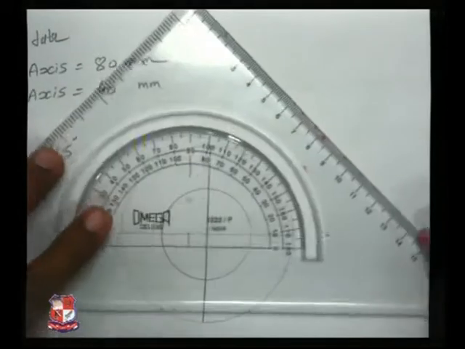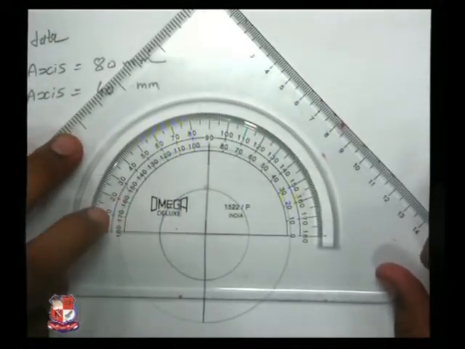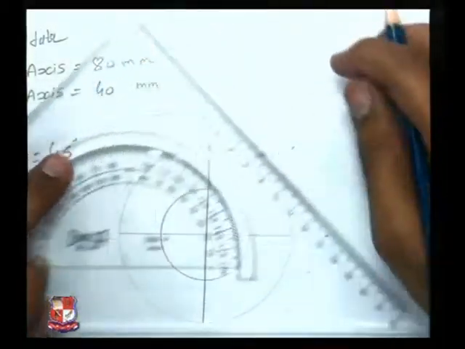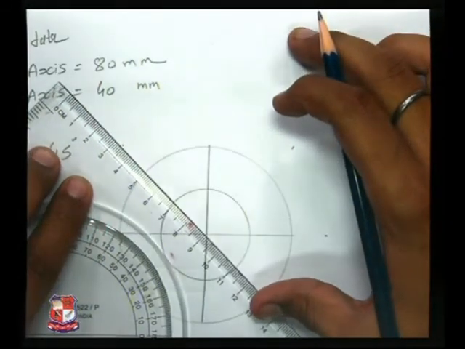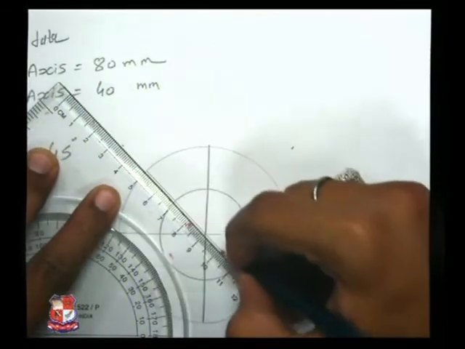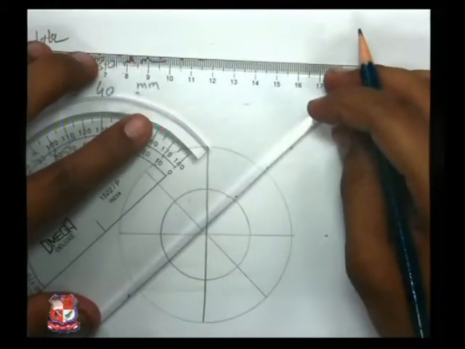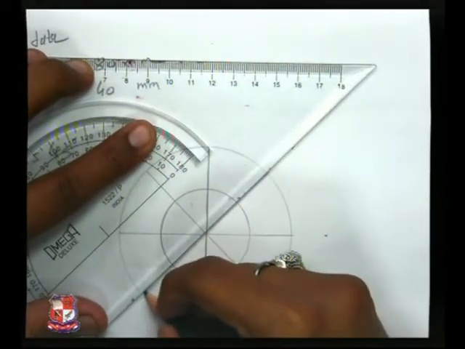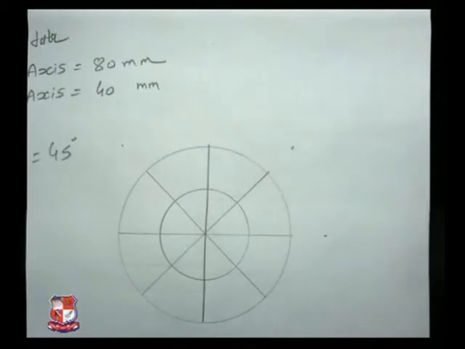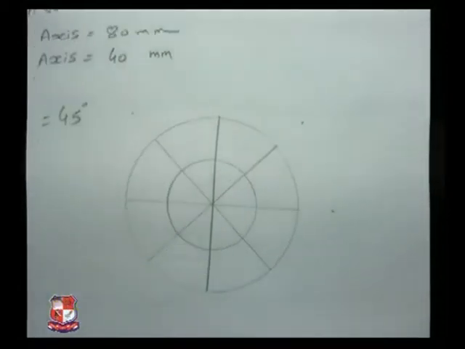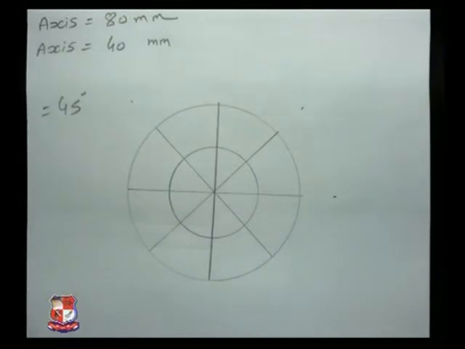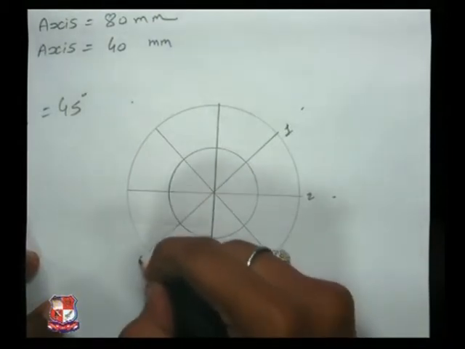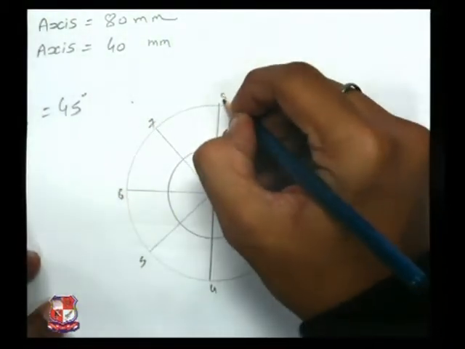Mark very light lines. I have divided both the circles into 8 equal parts. I am giving nomenclature to it: 1, 2, 3, 4, 5, 6, 7 and 8.